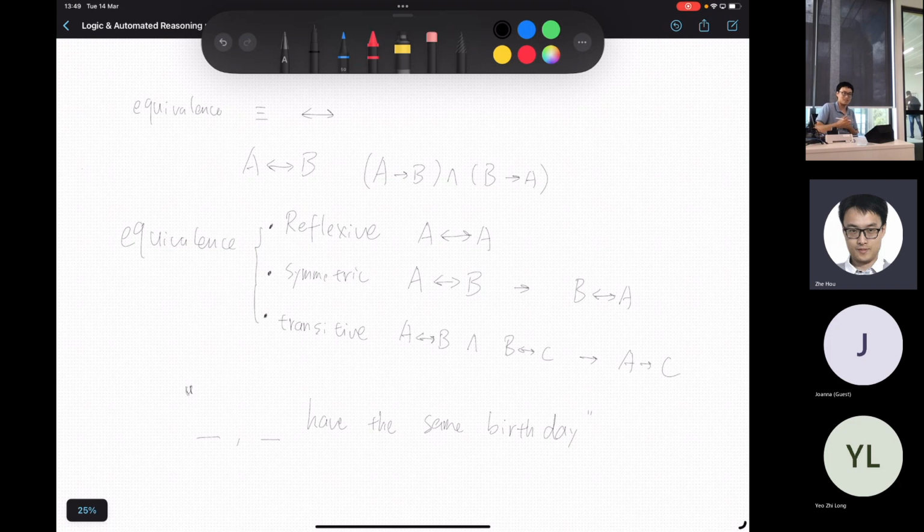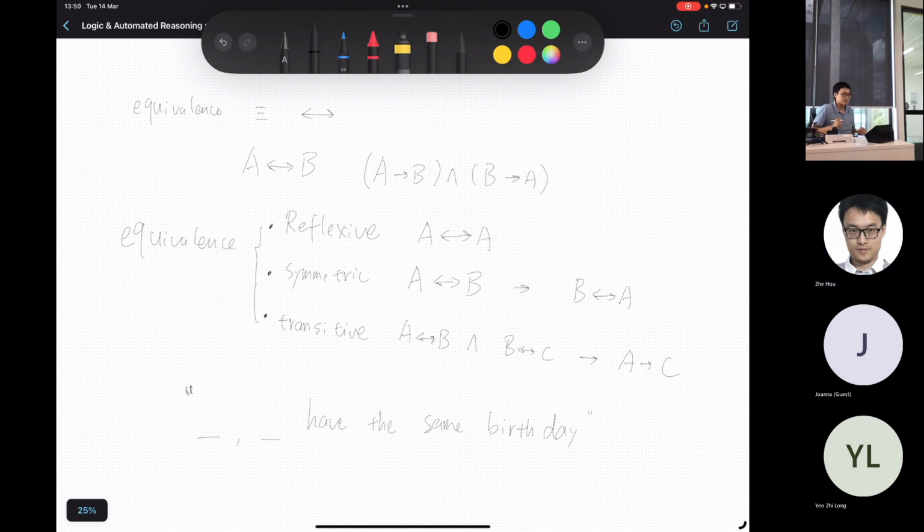First, reflexivity. That means A has the same birthday as himself. Obviously that's true. You have the same birthday as yourself. I also claim that this relation is symmetric. If I and Tessa have the same birthday, then Tessa and I have the same birthday.